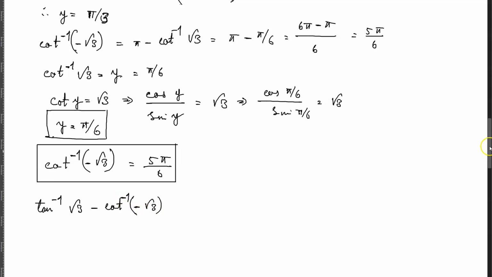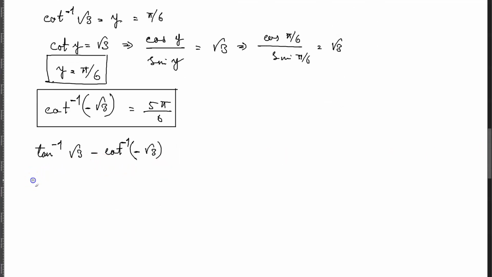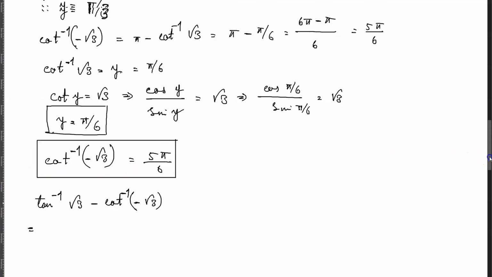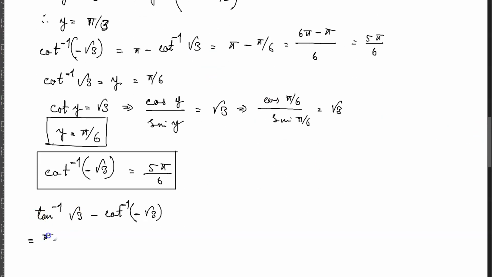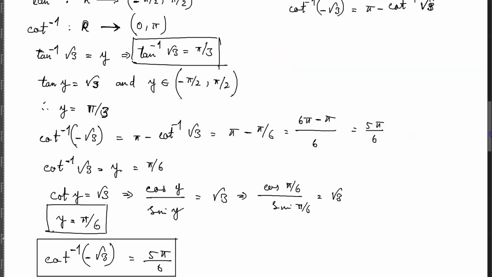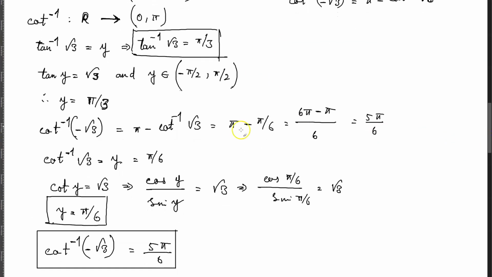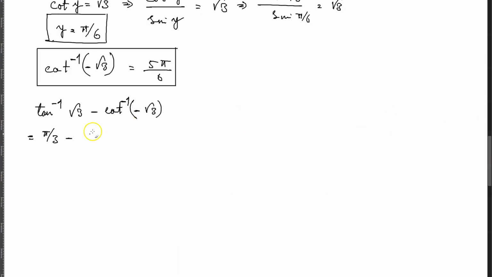That is equal to tan inverse of square root of 3, which we calculated to be pi by 3, and the cot inverse of negative square root of 3 was 5 pi by 6.